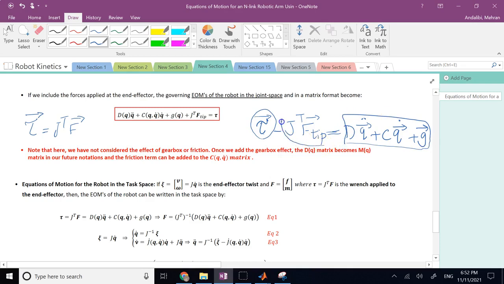A portion of it is going to be taken away to compensate for holding this force F of tip in balance, or to cancel out the effect of F of tip.